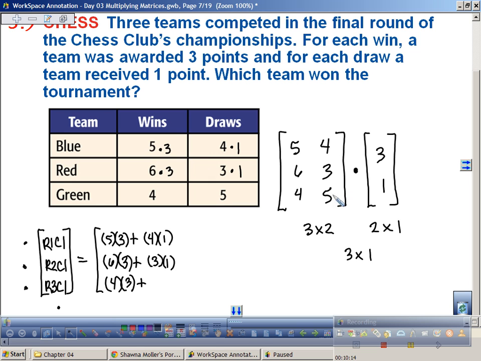Yeah, it would be easier. That's what makes it useful when you do things that are easy with matrices, then you can look and see, just by looking at it and making sense of it, was I correct? Does that make sense? Do it with the easy ones so that you can do it with the hard ones and understand it. Okay, so 4 times 3 plus 5 times 1.